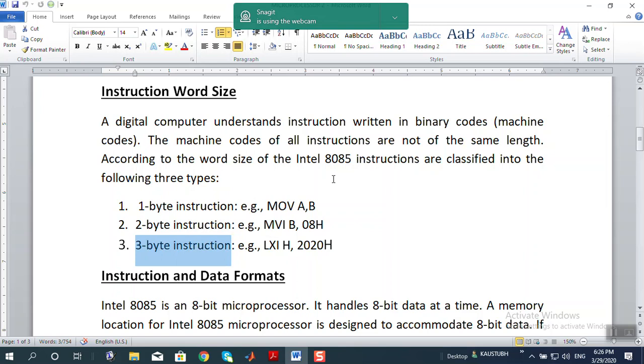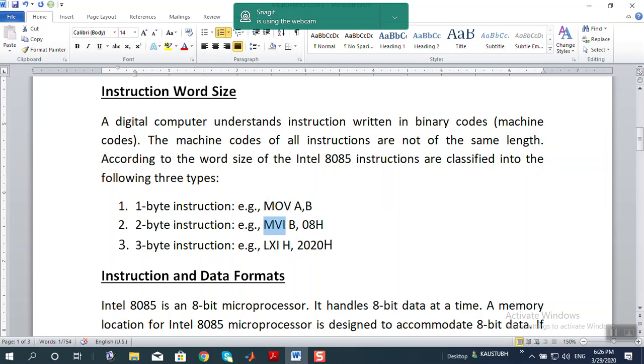For example, in case of a 1 byte instruction, this is an instruction in 8085: MOV A, B. I'll explain each of these instructions later on in detail. For the time being, it's just an example. This MOV is called a mnemonic. The machine does not understand these mnemonics.